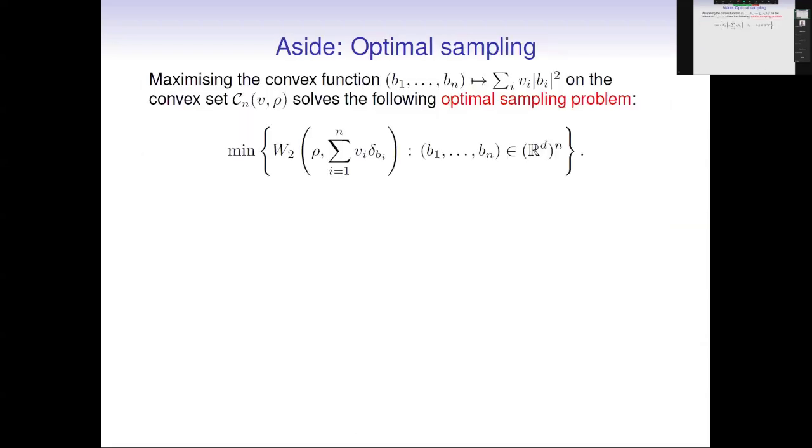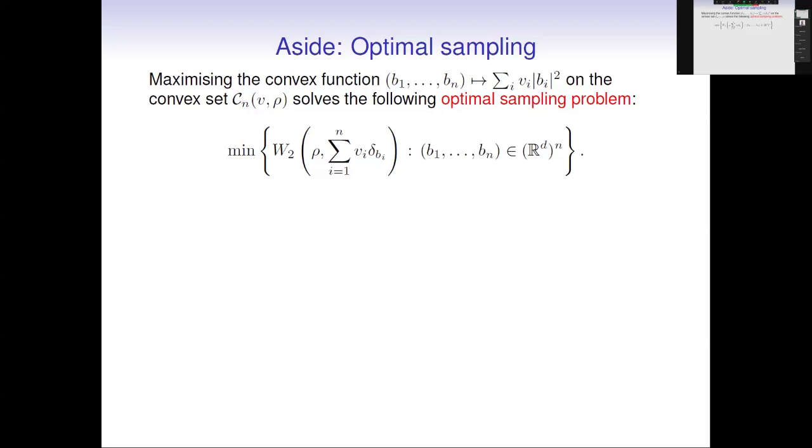I thought I'd mention a connection with optimal sampling, since we're in the statistics department. So it turns out if you take this convex quadratic function, maximizing this convex function on the convex set C_n gives you a solution of an optimal sampling problem.